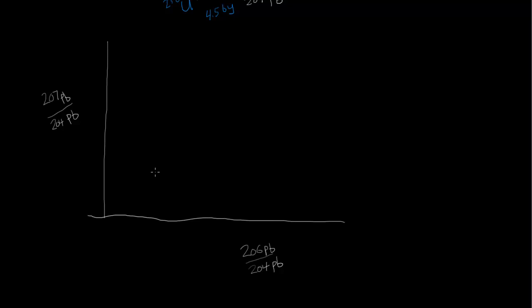So when he plotted this iron meteorite troilite, it fell right over here, and its history is real simple on this diagram. It doesn't change. Because it didn't contain any uranium, it couldn't produce any more 207 lead or 206 lead, and so the ratios of 207 to 204 and 206 to 204 never changed.